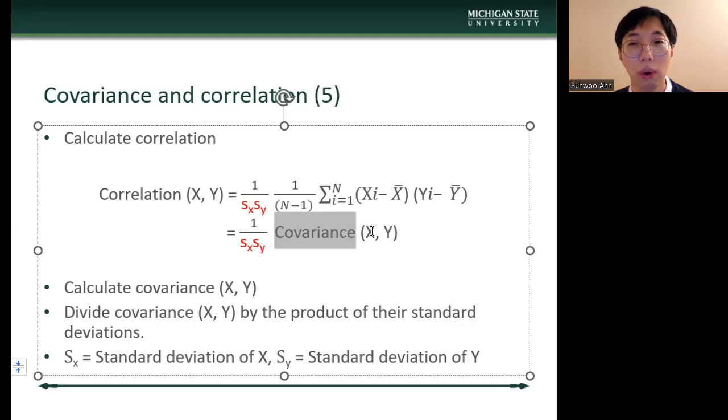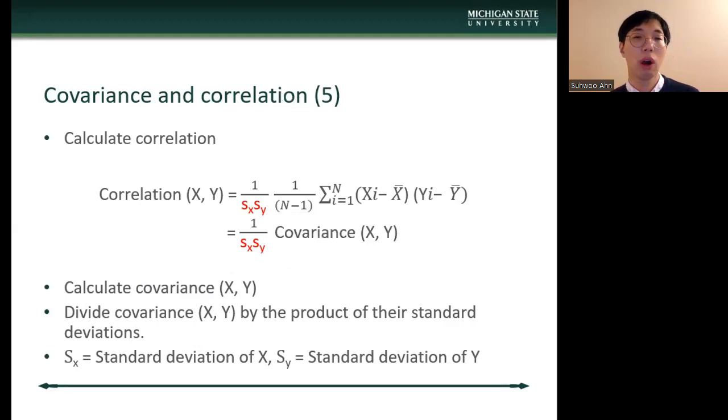So you calculate the covariance first and then divide it by the standard deviation of x times the standard deviation of y. That's the way to calculate the correlation. And in the exam, you have to calculate the correlation with the calculator.